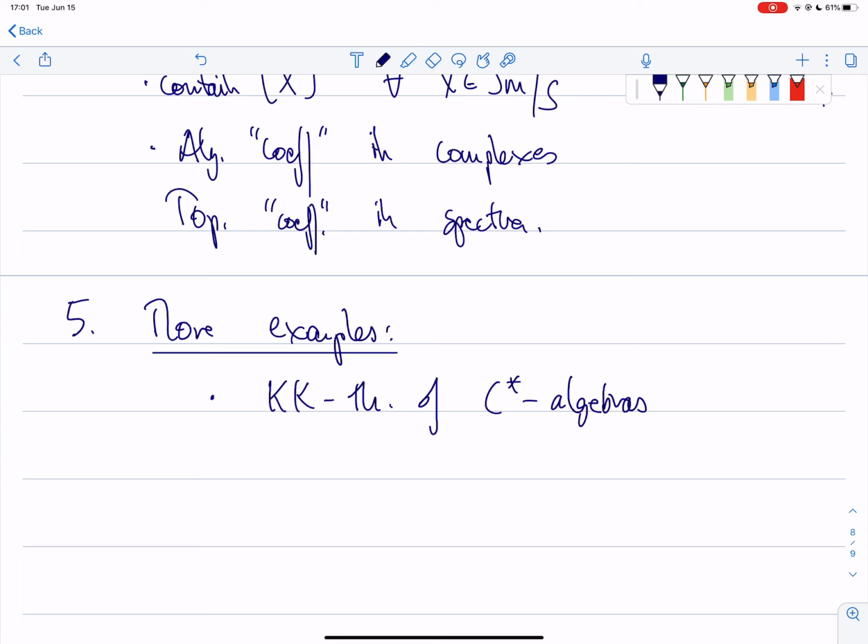KK theory of C-star algebras, and here there is also an equivalent version where you have a topological group acting on the C-star algebra. So you can combine the above ideas, but that's a bit more towards analysis, towards differential geometry.